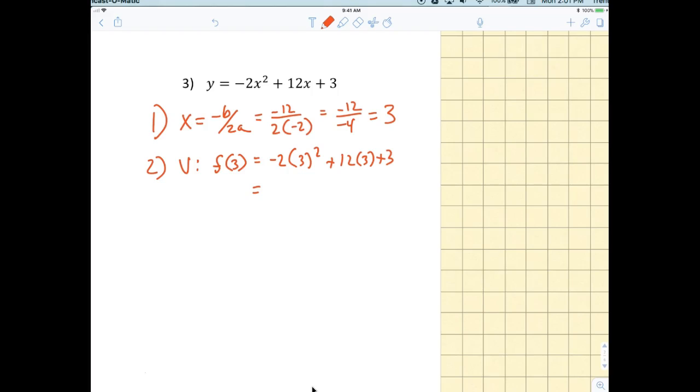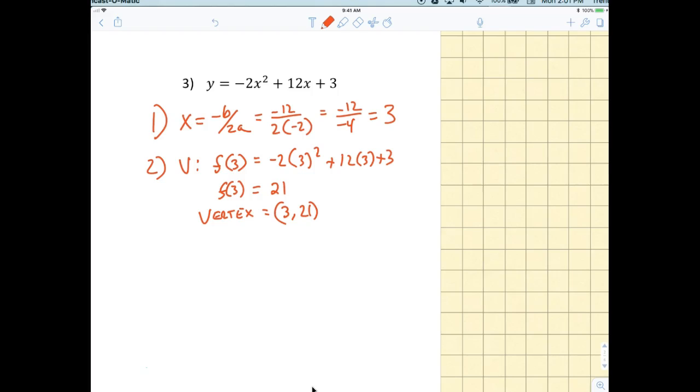You have to square first. 9 times negative 2 is negative 18, plus 36 is 18, plus 3 is 21. So f of 3 equals 21. What does that mean? That means that the vertex is located at 3, 21.